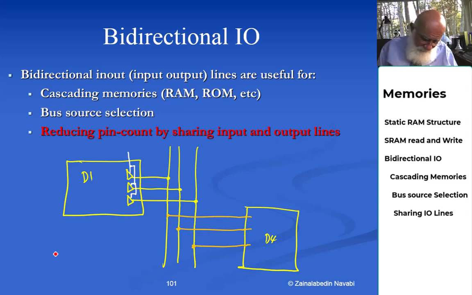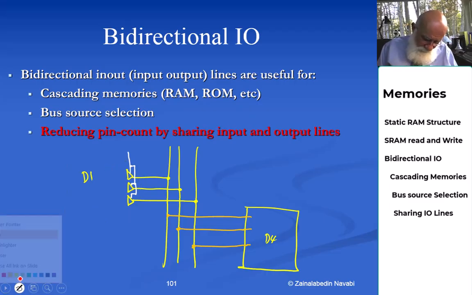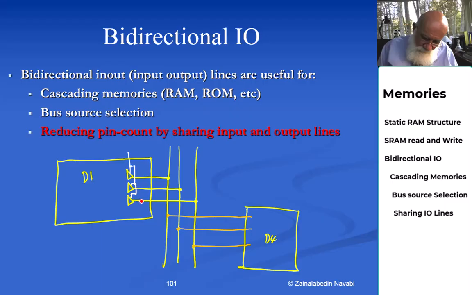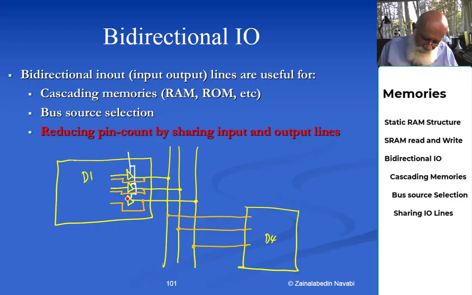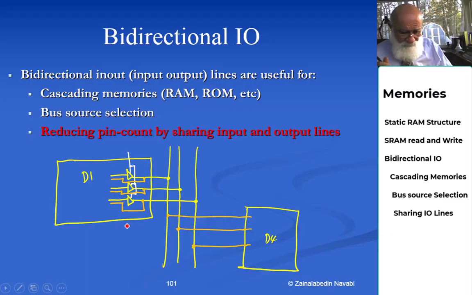And then that same device, through the orange lines, is accepting data from the bus.